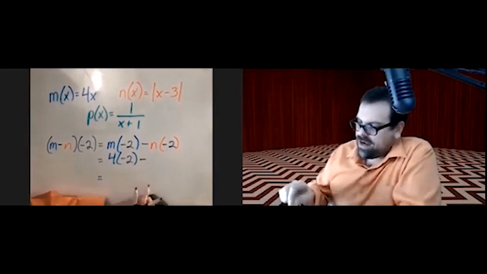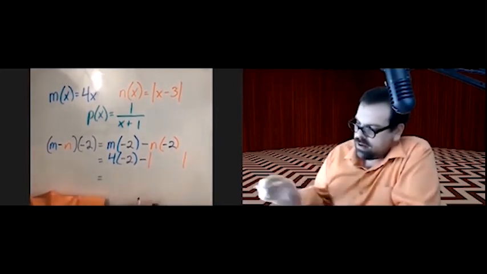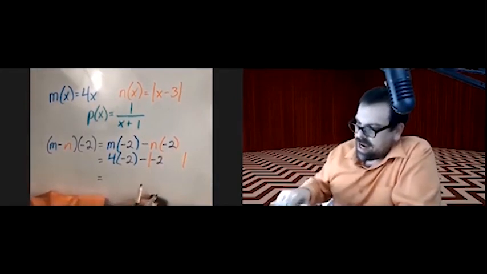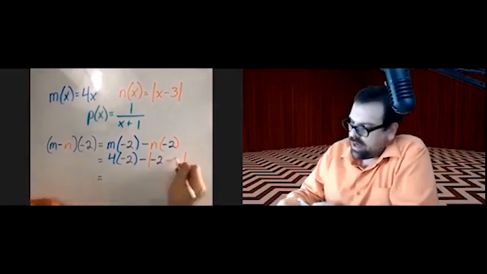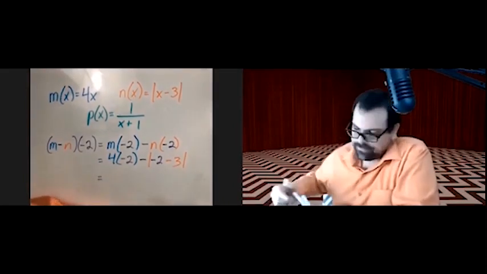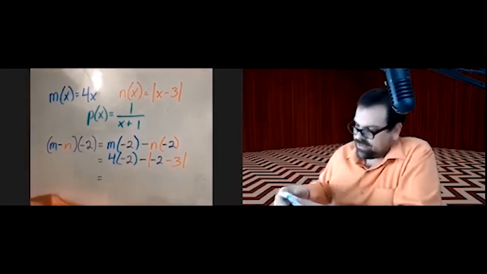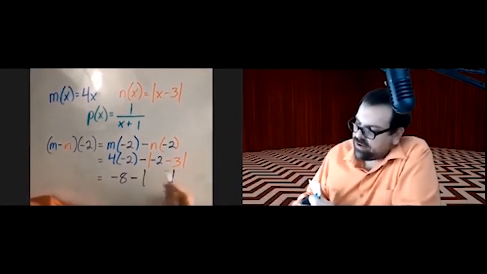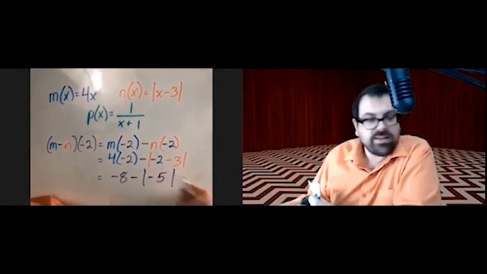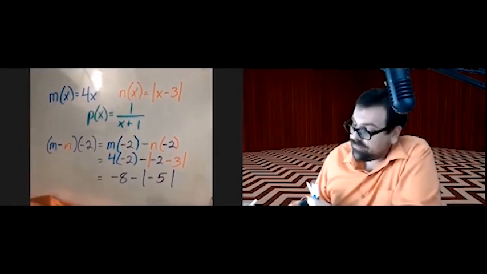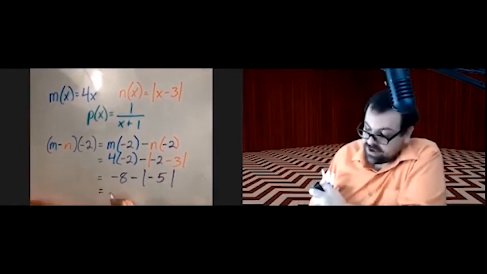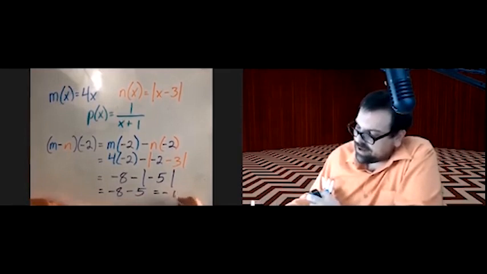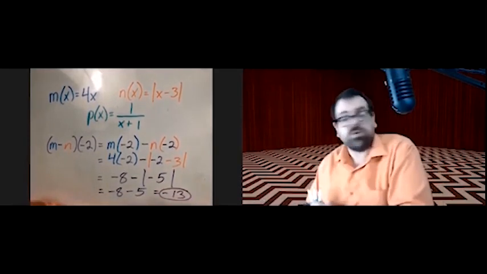Minus n of x, the absolute value of x minus 3, would be negative 2 minus 3. 4 times negative 2 is negative 8, minus the absolute value of negative 2 minus 3, the absolute value of negative 5. The absolute value of negative 5 is positive 5, and negative 8 minus 5 is negative 13.